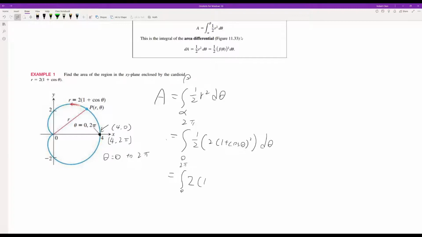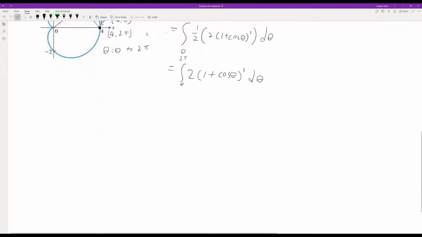Then we need to expand 1 plus cosine theta squared as well. This is going to be the integral from 0 to 2 pi of 2 times 1 plus 2 cosine theta plus cosine squared theta. Then let's multiply the 2 into the parentheses.